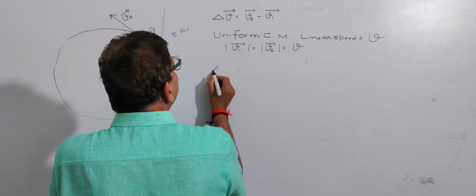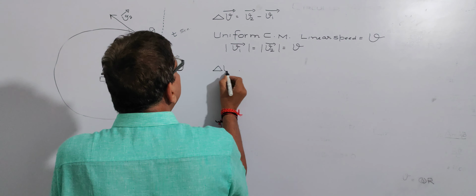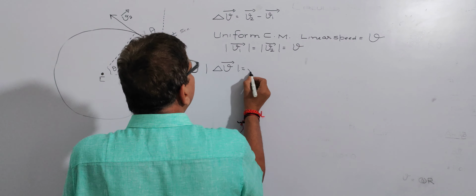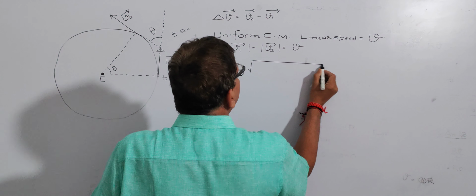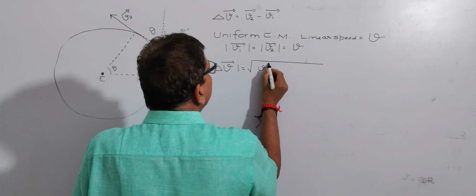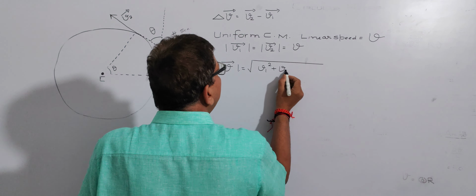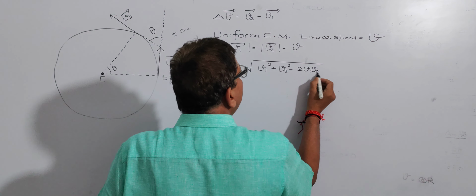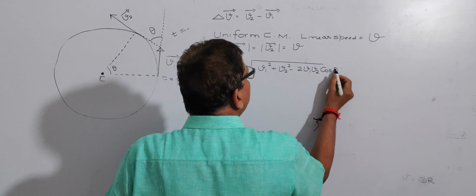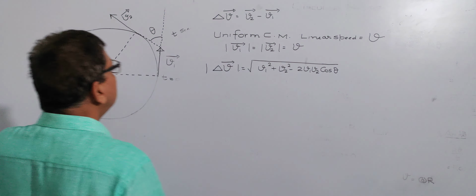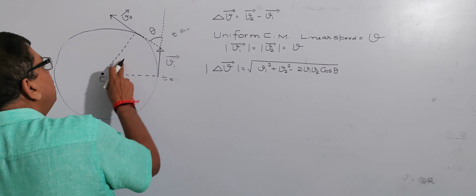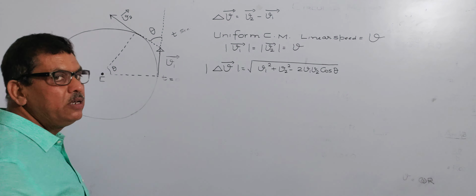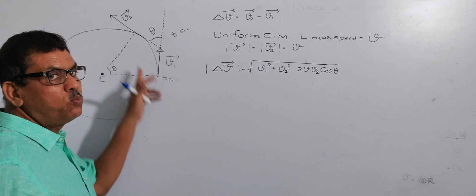Now I can find out the magnitude of this change in velocity vector, which can be written as root under v1 square plus v2 square minus 2 v1 v2 cos theta, where the angle between v1 and v2 is theta. Is it? Whatever angle exists between the two radii at the two instants, the same angle is between the two tangents drawn at those two points.